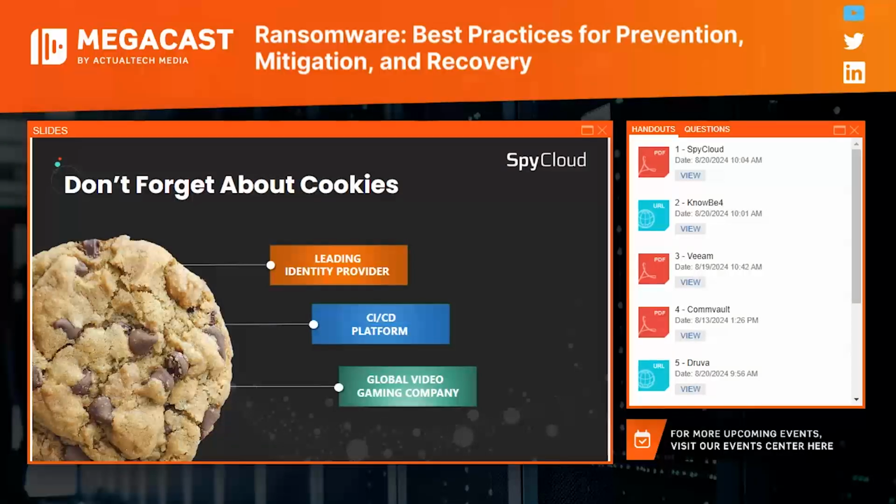I'm not going to go too deep into these, but there were quite a few high-profile attacks that all started with a cookie. A leading identity provider, a CI/CD platform, a global video game company, all had breaches through stolen cookies. One had to do with an employee syncing their corporate and personal Chrome profile, where attackers used stolen session cookies.